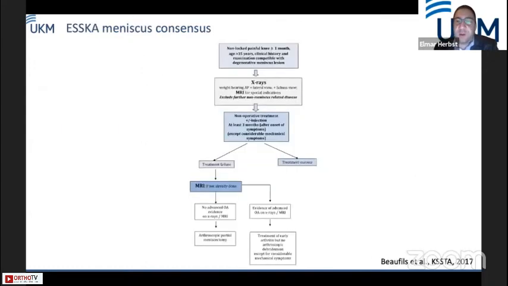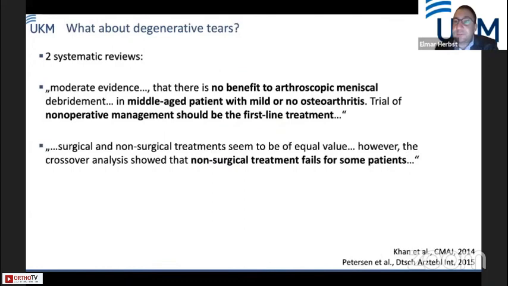But when following the patients longer, about half of the patients got subsequent meniscus surgery after they opted for an initial conservative treatment. So follow your patients and you will see that many of those that are symptomatic actually need meniscus surgery.